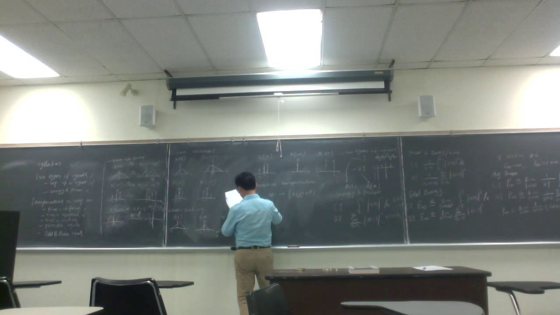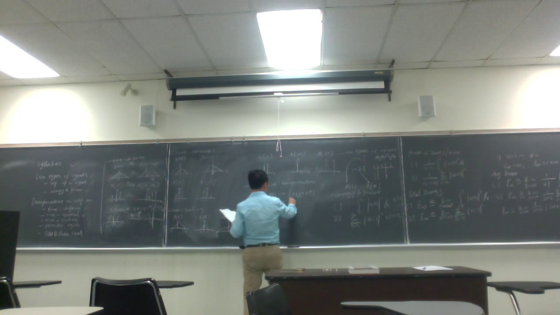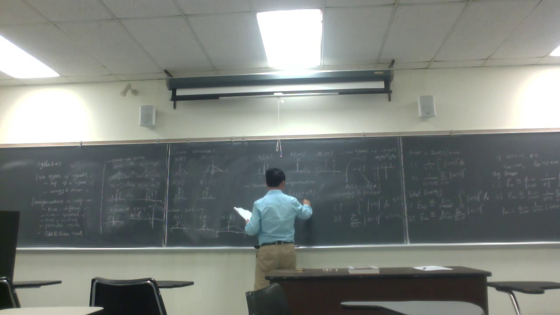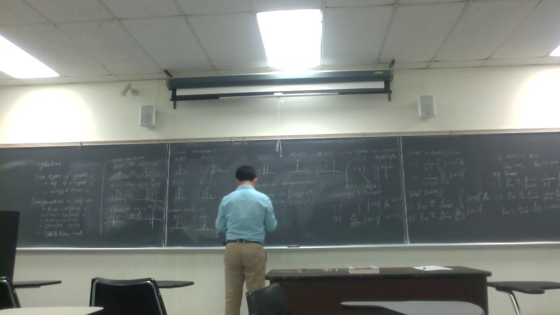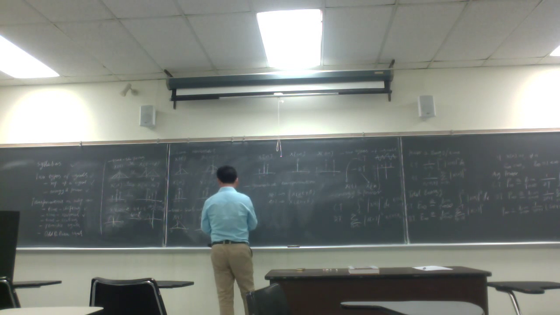So this is x(t), and for discrete time we will have x[n]. So I will give you an example.